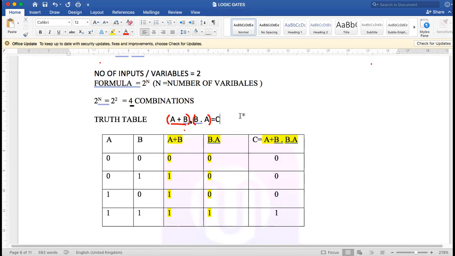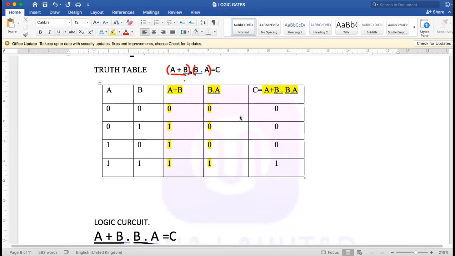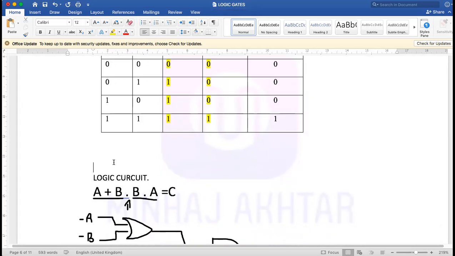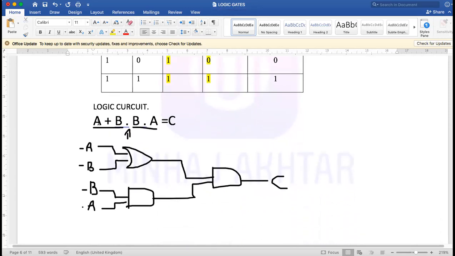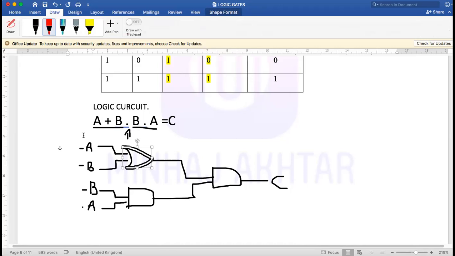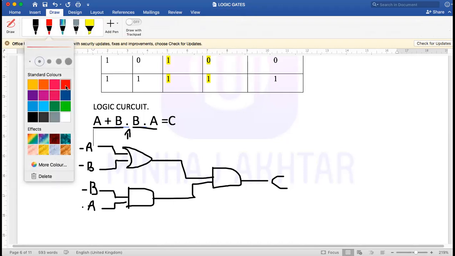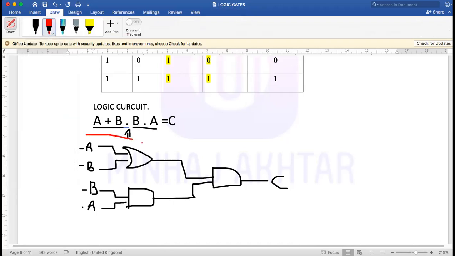Understand? Yes. Now the third thing is a logic circuit. How do we draw the logic circuit? So you can see A or B. So I make A or B here. This is my first section. Look, A or B section is right here, just like we did in the truth table.